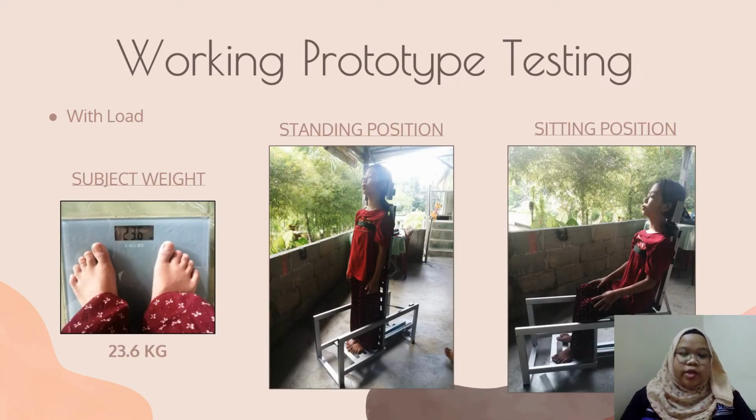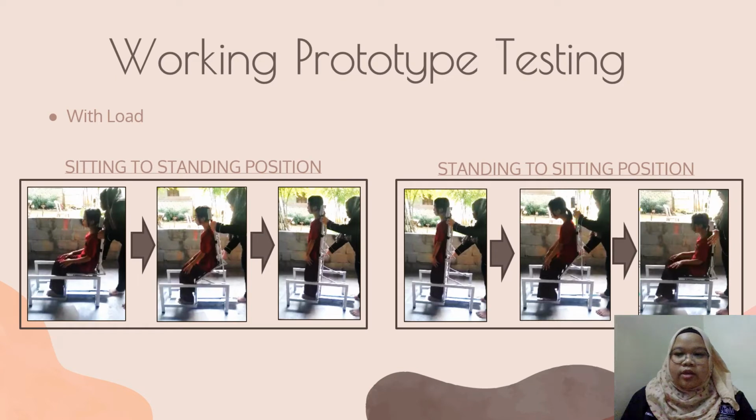We are using a 23.6 kg subject, which is the nearest weight to 25 kg that we already mentioned in the objective. So this is the standing position and the sitting position for the subject. Okay, same. This is the pace of the sitting to standing and then standing to sitting position.